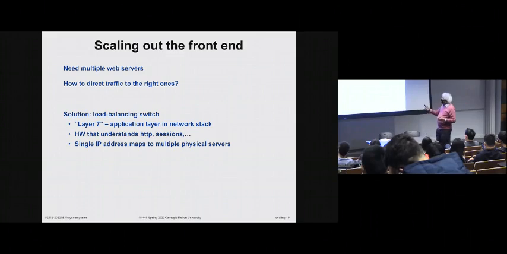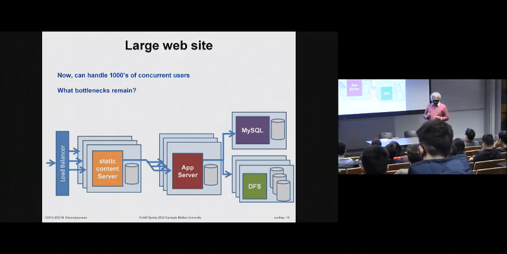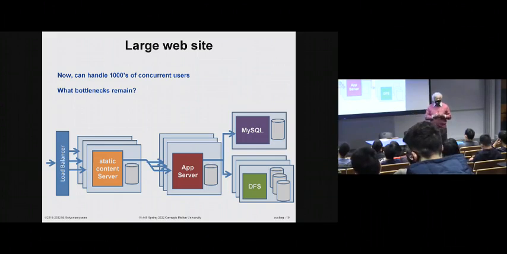And so what you do is you clone these and you use a front-end load balancer to direct you to the right web server. Now, the details about this load balancer are actually quite subtle.